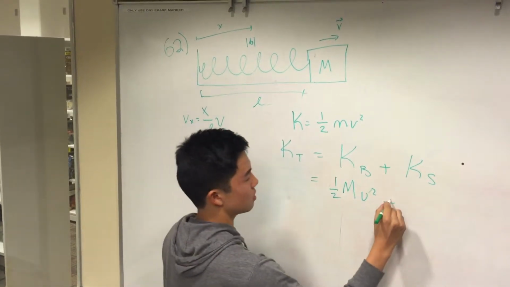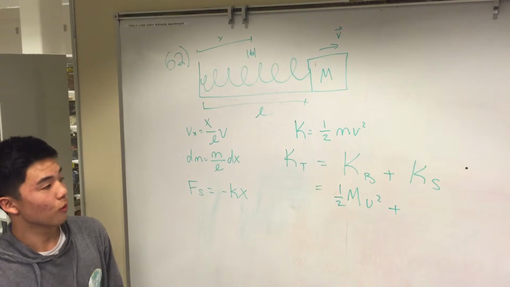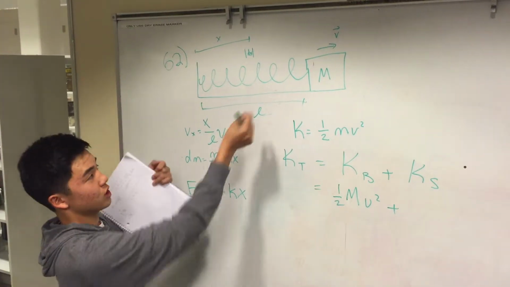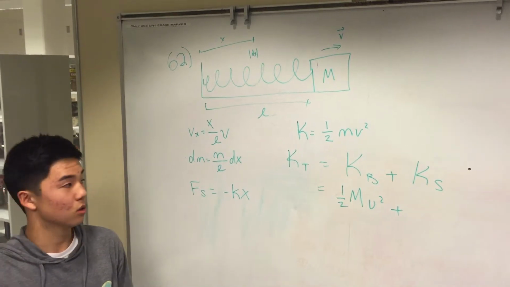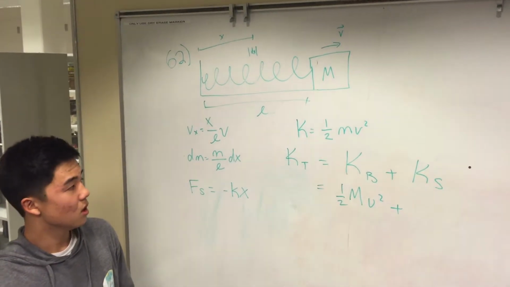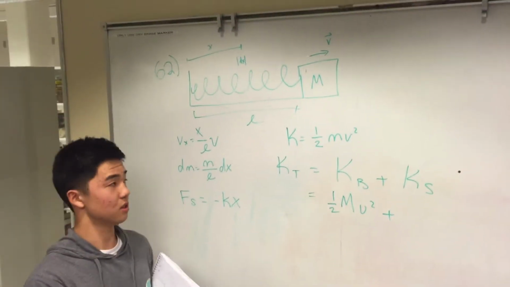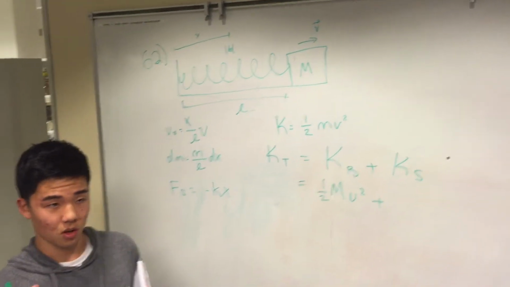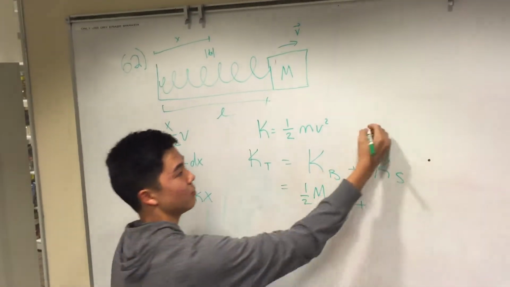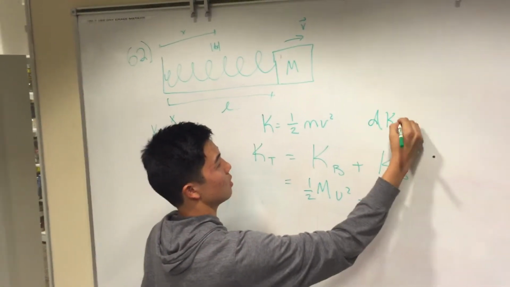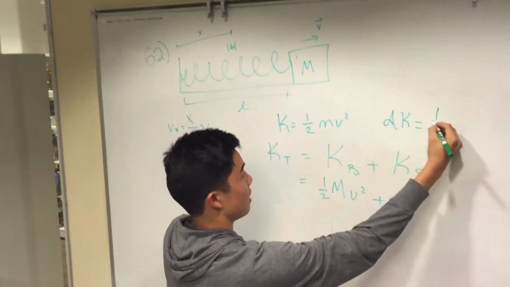To sum up all of the kinetic energies, it's basically an integral. So you sum up all of the dk's, each infinitely small k. So you have to find the derivative. So dk equals 1/2.